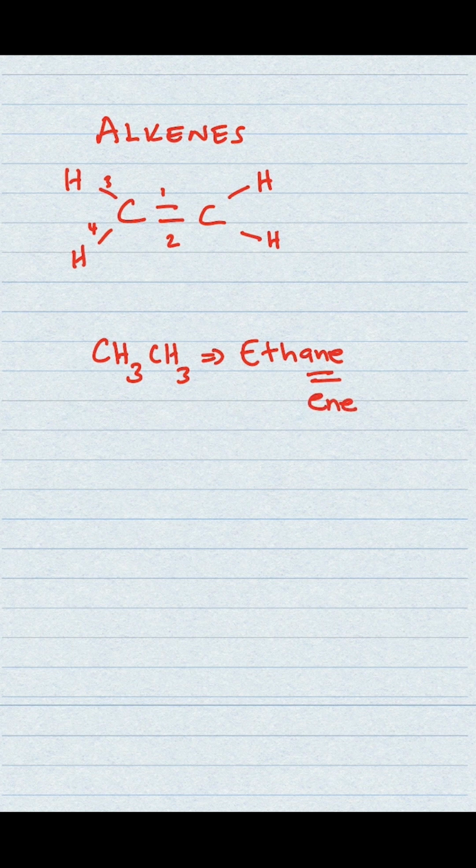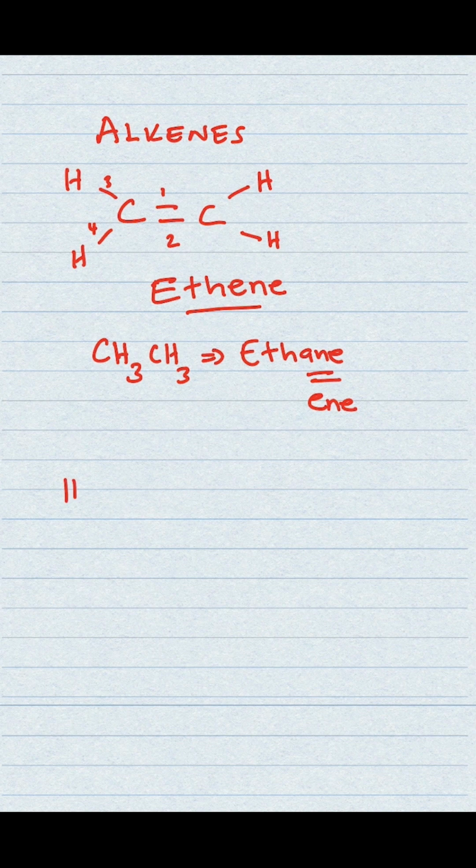So the name for an alkene is, you change that last part, it becomes ene, alkene. So with 2 carbons, its name now will be ethene. Remember, we drop the ane and change that to ene. This is an ethene.